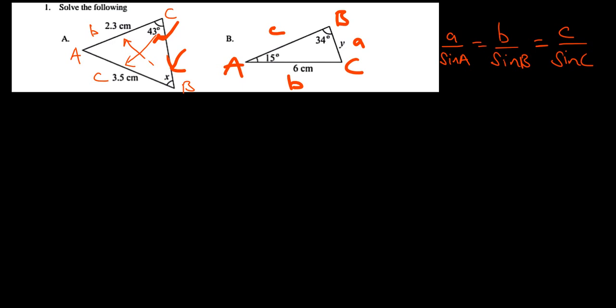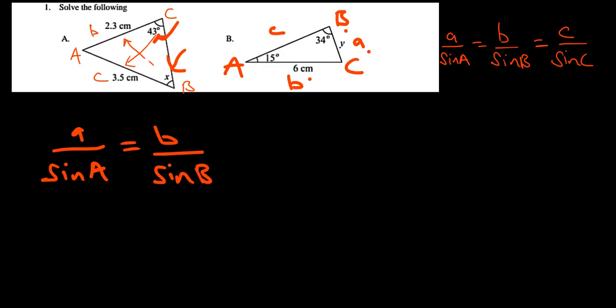We see that we can get angle A and its side a, and we can also get angle B and its side b. So our sine rule will be a divided by sine A should be equal to b divided by sine B.